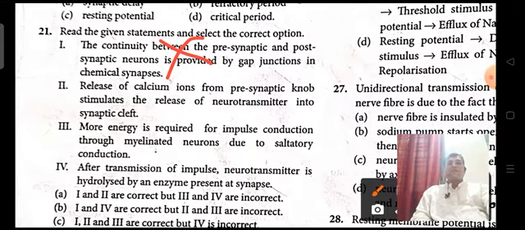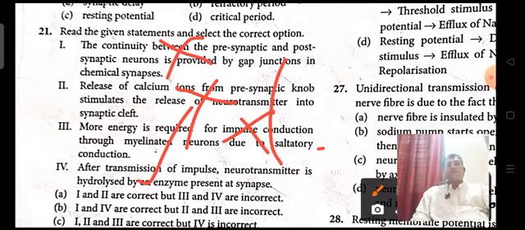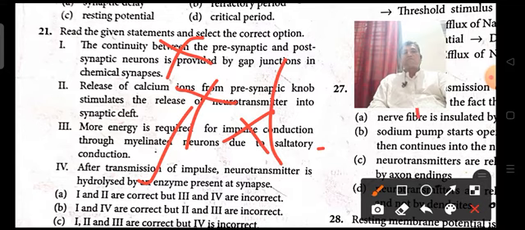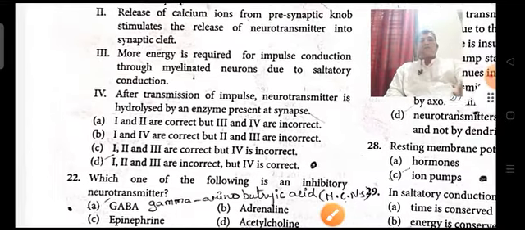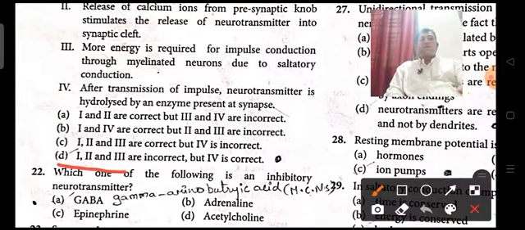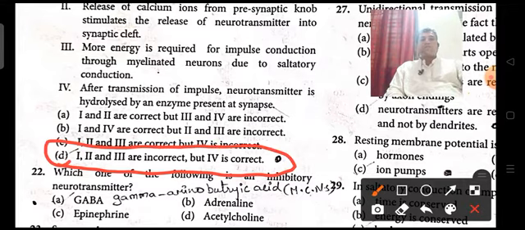Calcium ions are especially involved in muscle contraction and relaxation. Less energy is required for impulse conduction through myelinated neurons. After transmission of impulse, the neurotransmitter is hydrolyzed by an enzyme present at the synaptic cleft. So options 1, 2, 3 are incorrect, but 4 is correct.